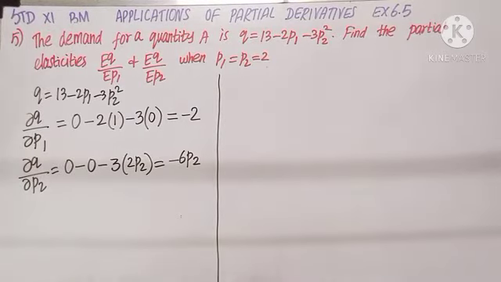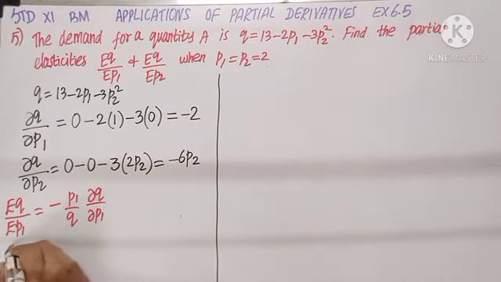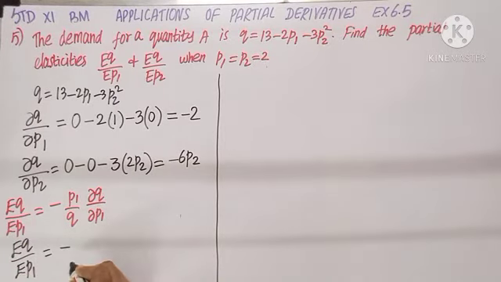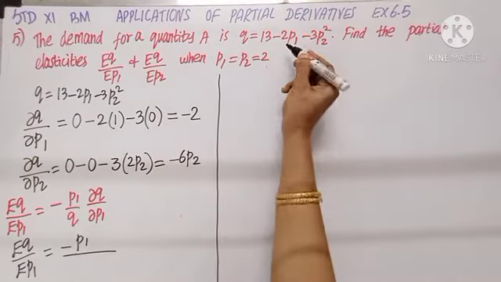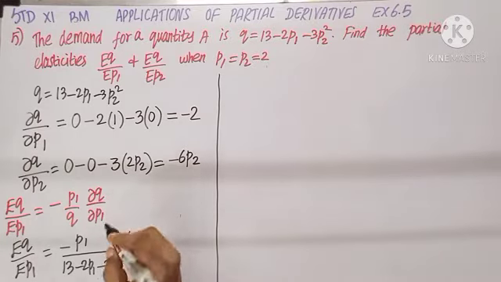Let us remember the formula. Partial elasticity of Q with respect to P1: EQ by EP1 is minus P1 by Q, dou Q by dou P1. So EQ by EP1 is minus P1 divided by, what is Q from the question, 13 minus 2P1 minus 3P2 square, into dou Q by dou P1.